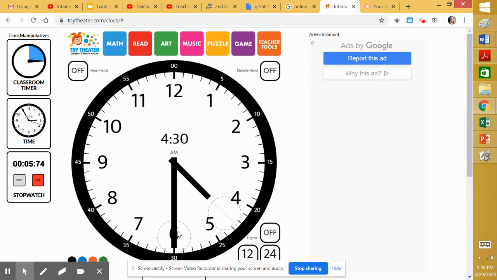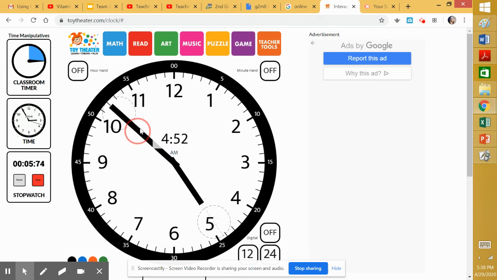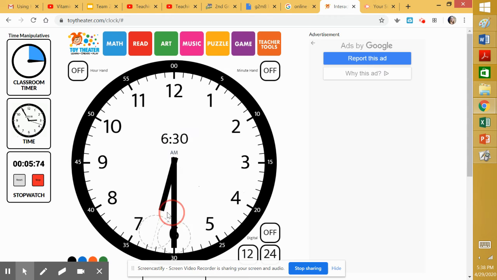All right, so let's look at a different time. Here we go. We are showing 6:35. Look where the hour hand is. It's not on the 6.